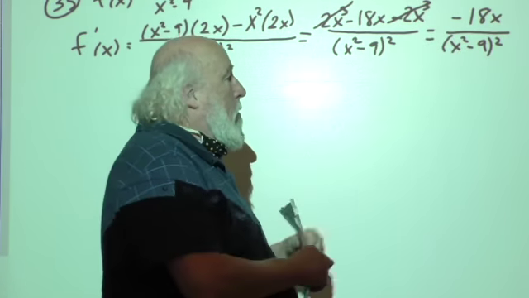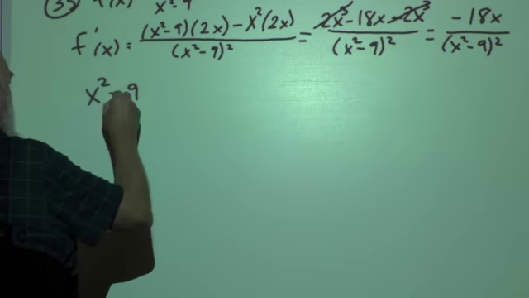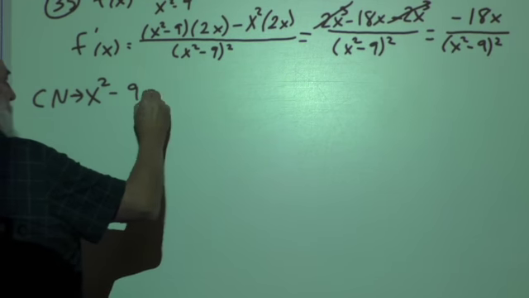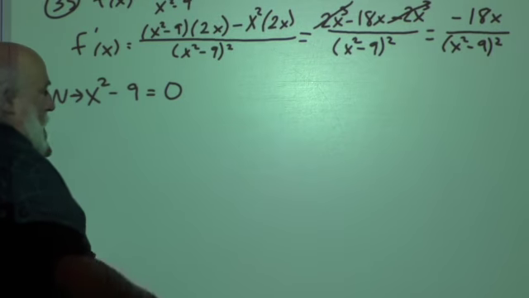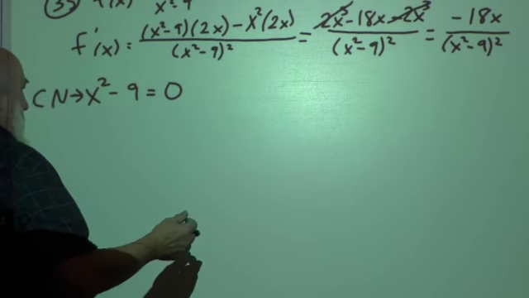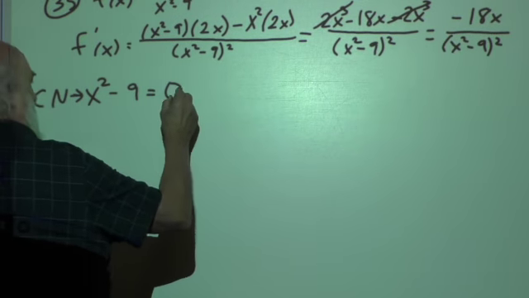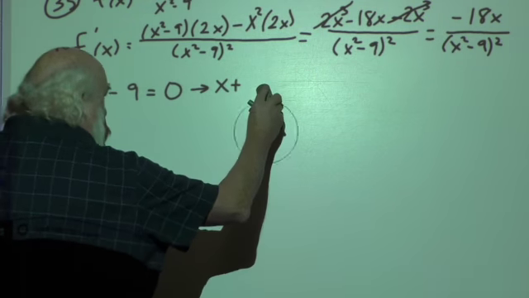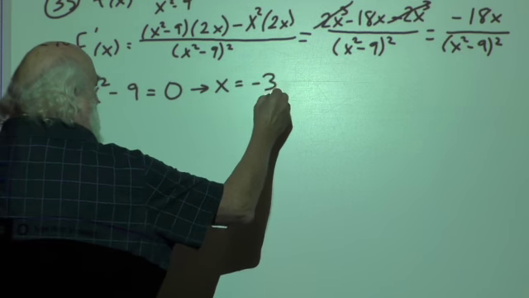So for the critical numbers, x squared minus 9 equals 0. We're dropping the square there because if you take the square root of 0, you get 0. So we'll just drop the square there. And that means x equals negative 3 and 3.